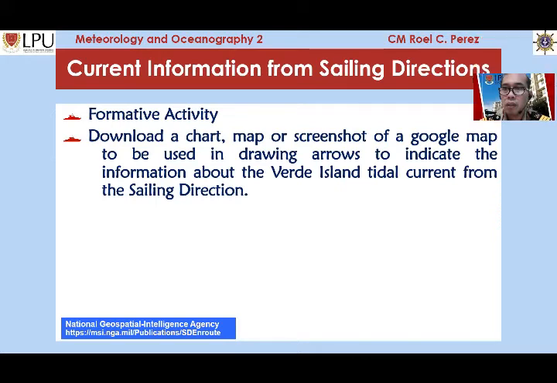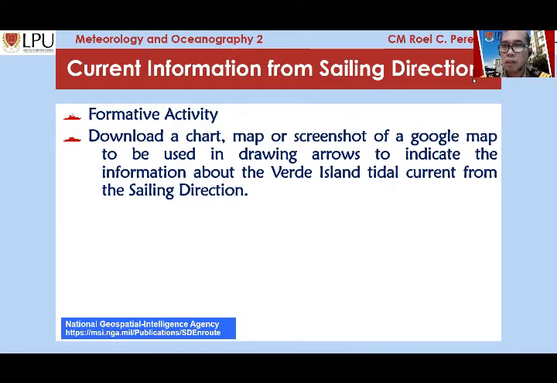Okay, so listen. You can download a chart or a map or a screenshot of the Google map to be used in drawing arrows to indicate the information about the Verde Island tidal current from the sailing direction.